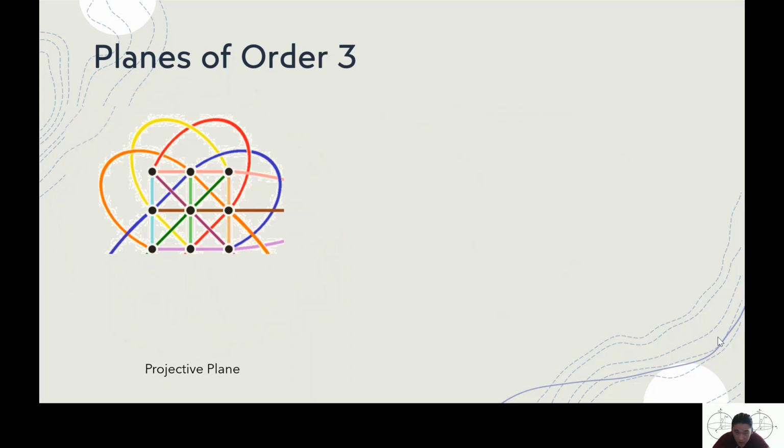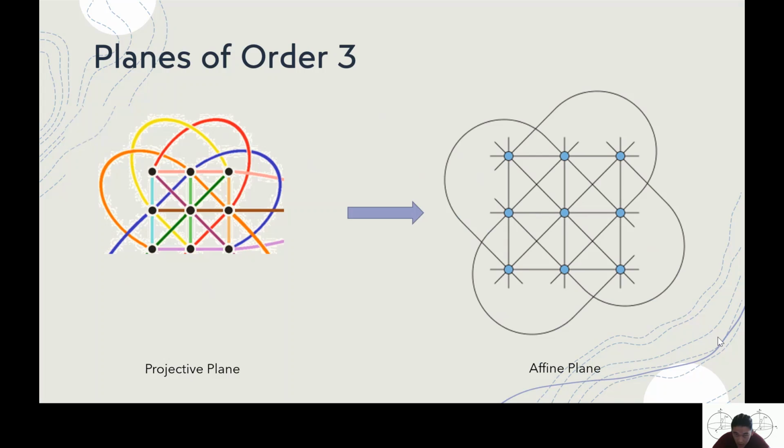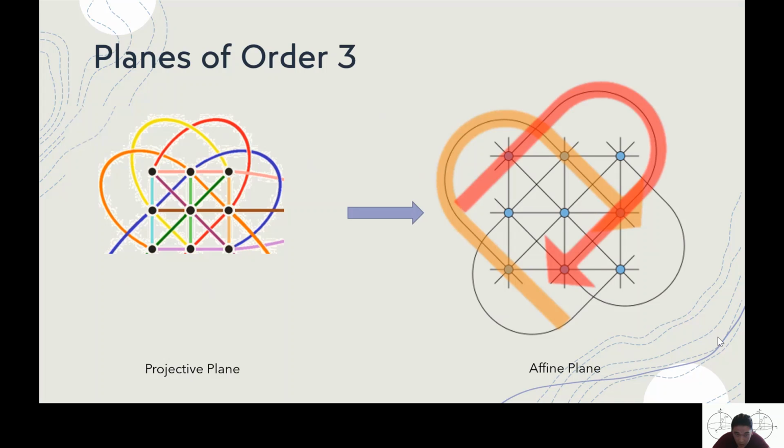And we'll be left with this structure. Turns out that this is actually isomorphic to the Hesse configuration. So the orange line goes there, the red, the yellow line goes there, and the blue line goes there. Feel free to double check this and trace the lines yourself.